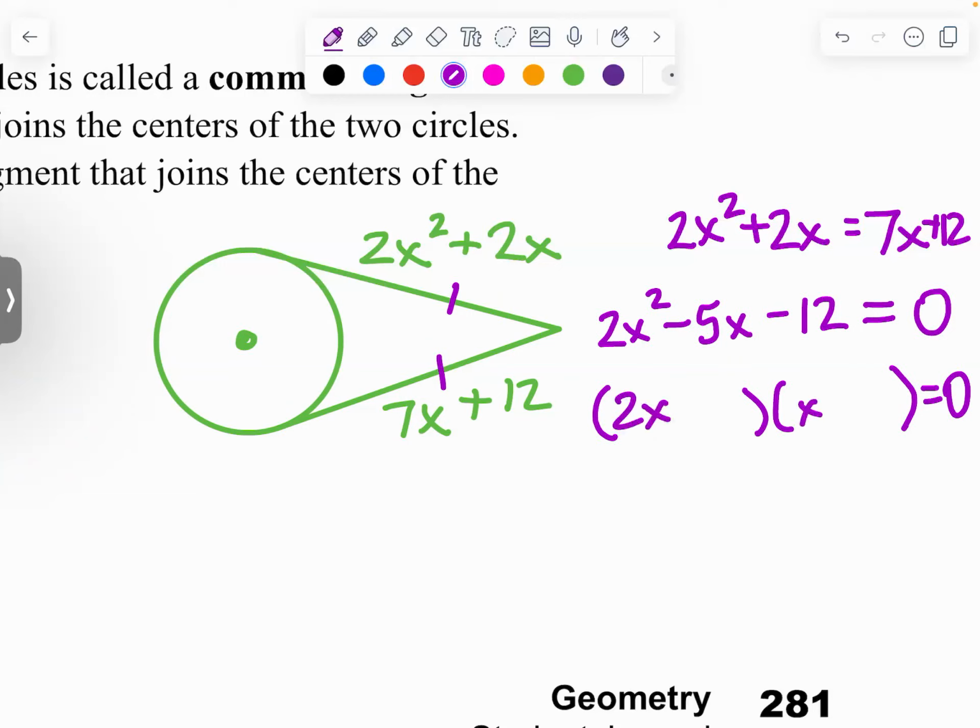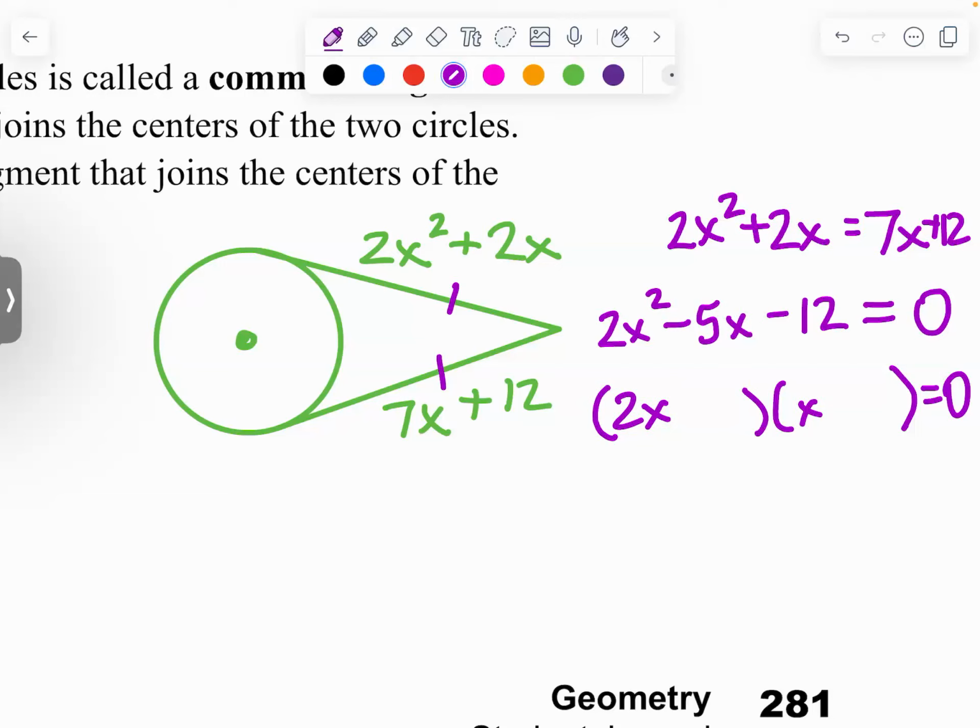So I'm guessing 2x and x has got to be our first ones, right? Braden, do you have it?